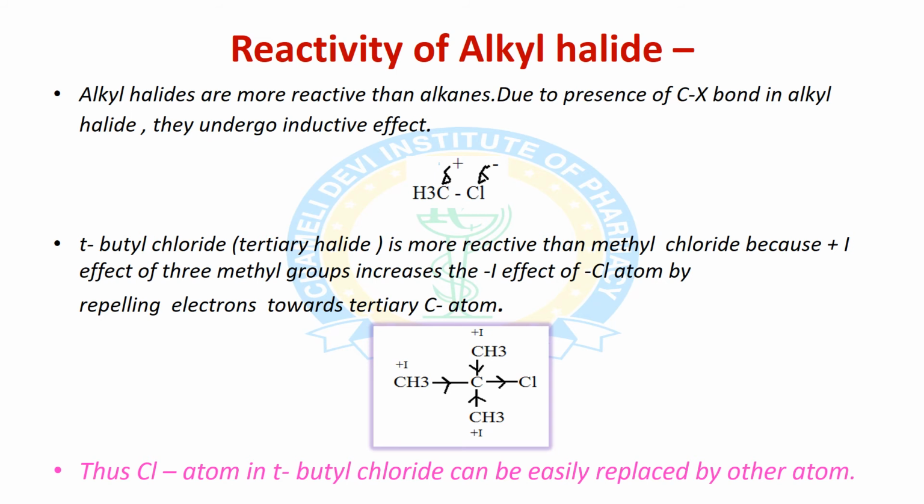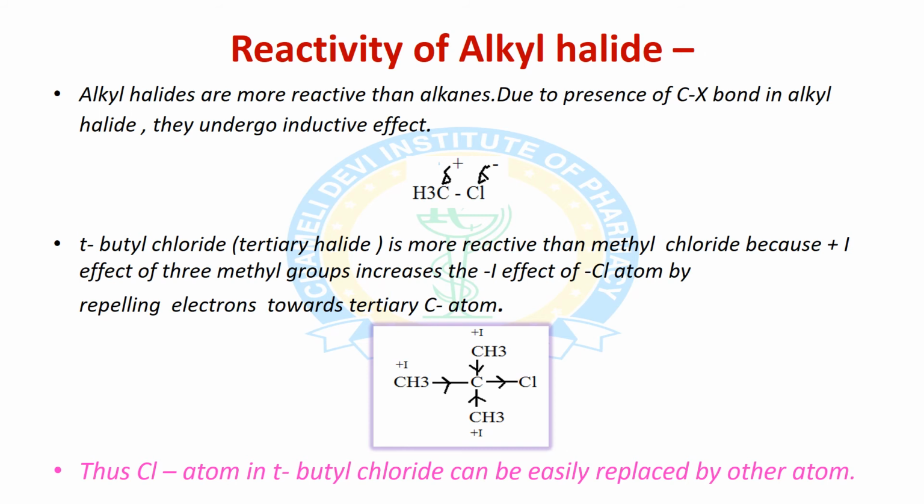When you talk about tertiary butyl chloride, for example, in the next example, it is more reactive than methyl chloride, because methyl chloride has only one alkyl group. The plus inductive effect of the three methyl groups increases the minus inductive effect of the chlorine atom by repelling electrons towards the tertiary carbon atom, and thus the reactivity of tertiary butyl chloride is much more as compared to methyl chloride.